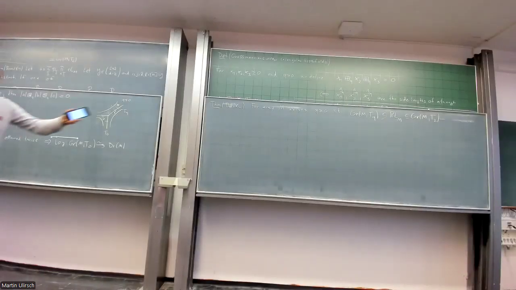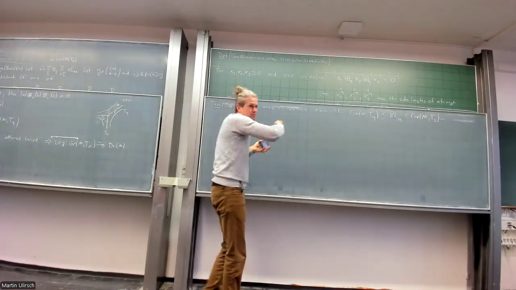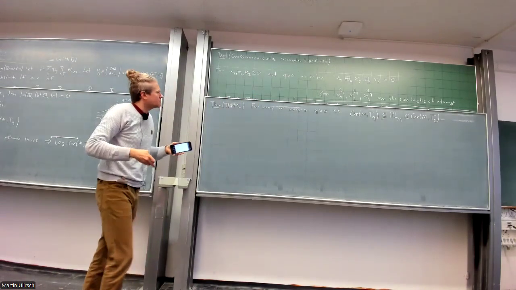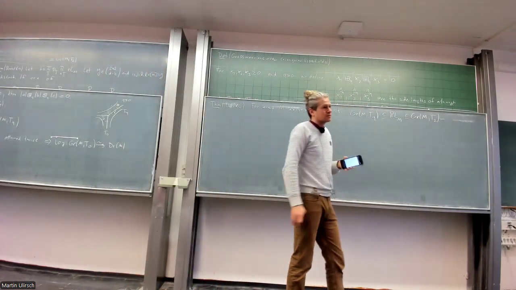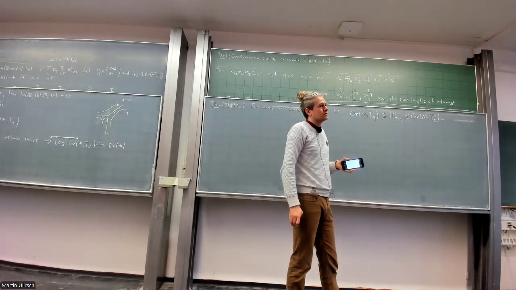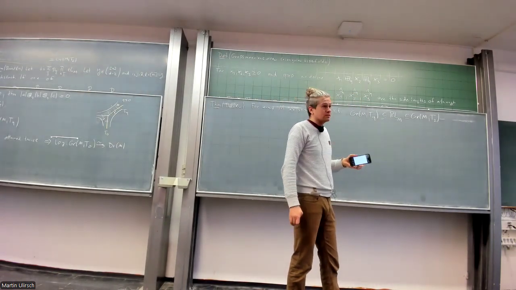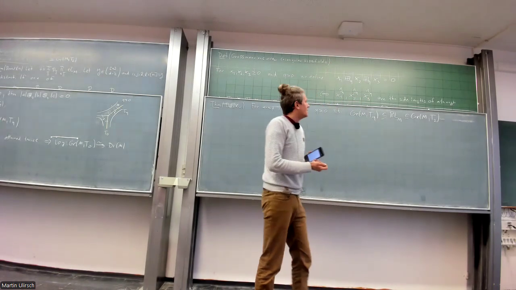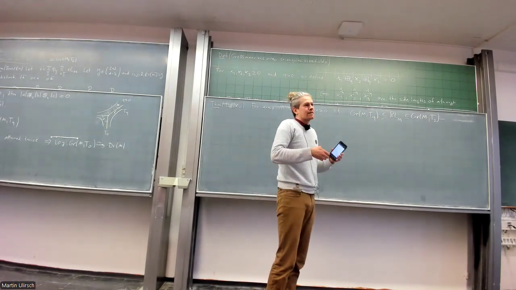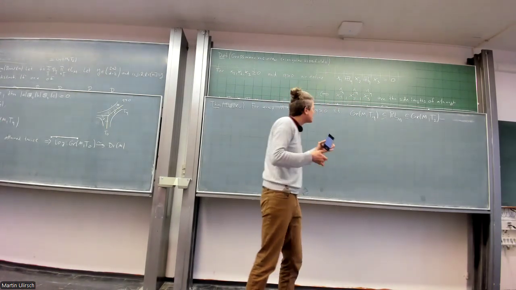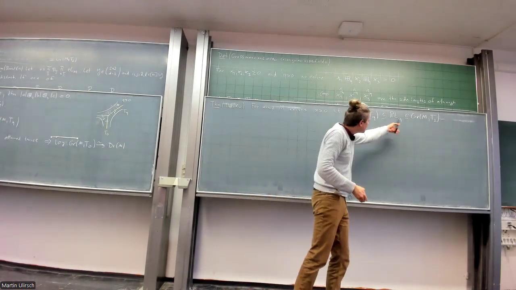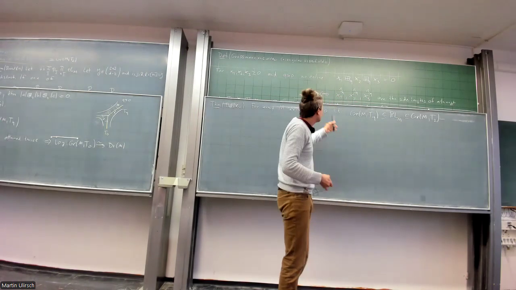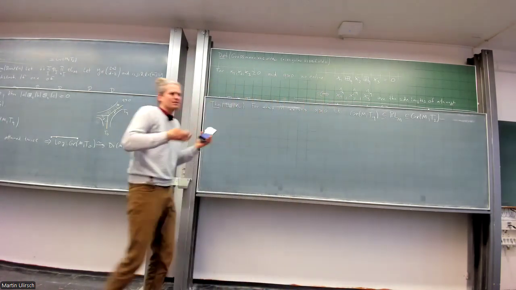So in this case, the statement becomes true for every Q between 0 and 2. But maybe the question was, can every... You mean the optimal Q? I mean, not every Q can be this, because there's only a countable number of matroids, but uncountably many real numbers.